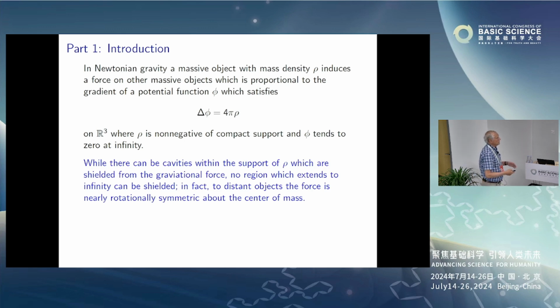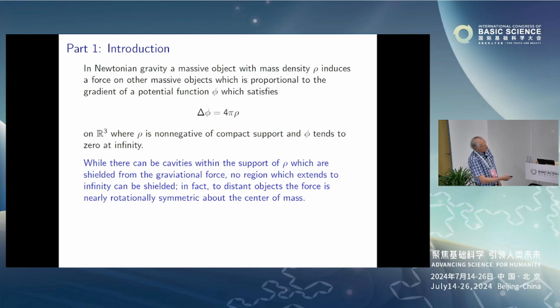Okay, and so you could have situations where some regions of space are actually shielded from the gravitational force. So for example, if you had a spherically symmetric shell, then the interior would actually not be affected by the gravitational force. But if you take any region outside the support which extends to infinity, so which is non-compact, then it can never be shielded from the gravitational force.